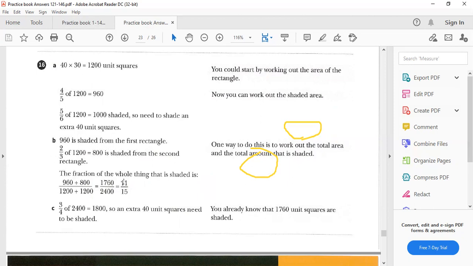The whole is 80 multiplied by 30, that is equal to 2400, or you can say 1200 plus 1200, that is equal to 2400. 960 plus 800 is equal to 1760. Once we simplify, we get the answer 11 by 15. That is the shaded area of the two rectangles that we put together.